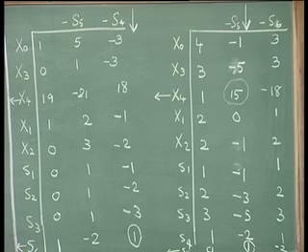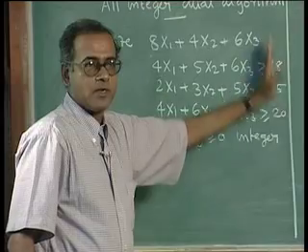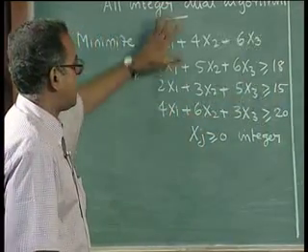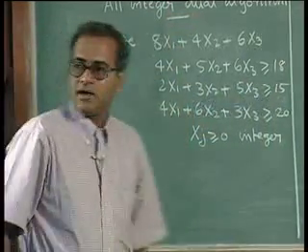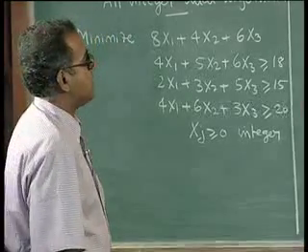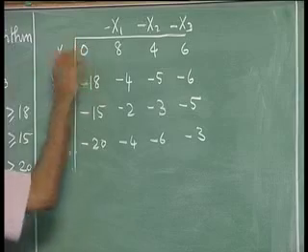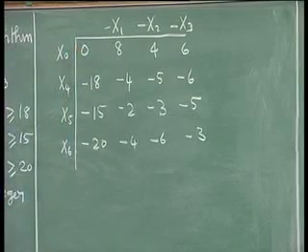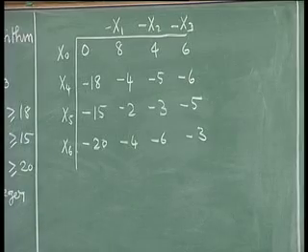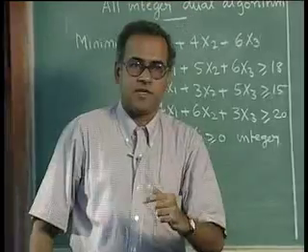The given problem is a minimization problem with all constraints greater than or equal to type, and the right hand side values are non-negative. So this is what we have here. Now this will be at 0. Now the dual is feasible and the primal is infeasible.